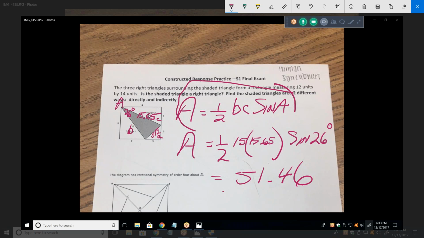Whereas in the first method, everything was whole numbers and it was exact. The exact answer was the area of the big rectangle minus the area of the three small rectangles.